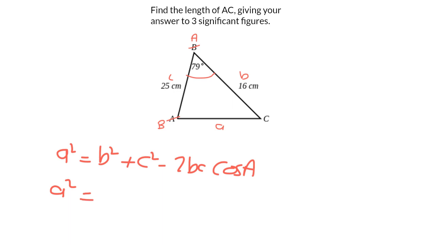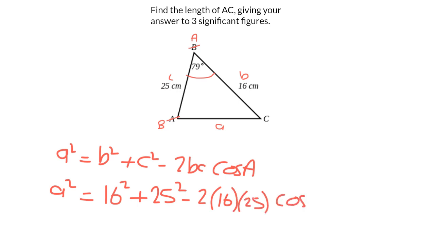So a squared equals, well, b squared would be 16 squared. C squared is 25 squared, minus 2 lots of 16 and 25, and then cos 79. Put that into your calculator, and it will give you the length of a squared.